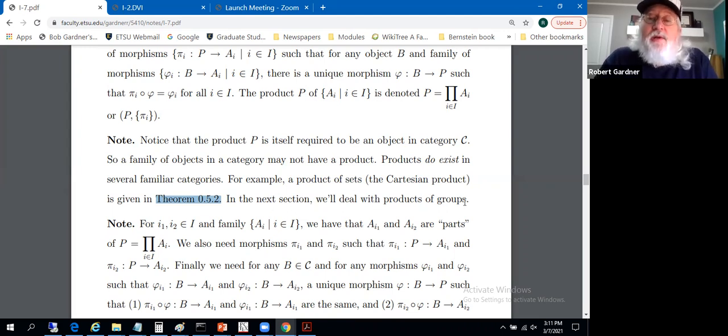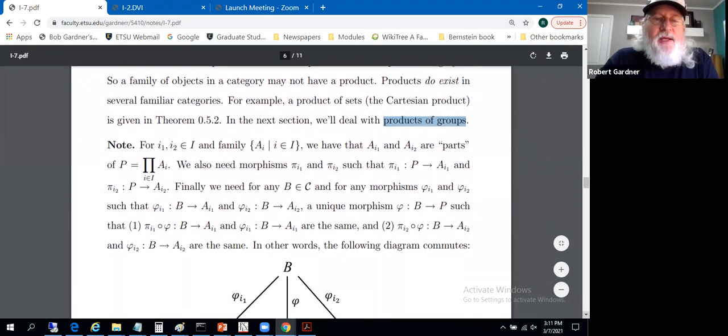We're interested in products of groups. So we want to take an arbitrary collection of groups and define a product of those groups. That'll be done in the next section, and it'll refer to this category stuff somewhat.